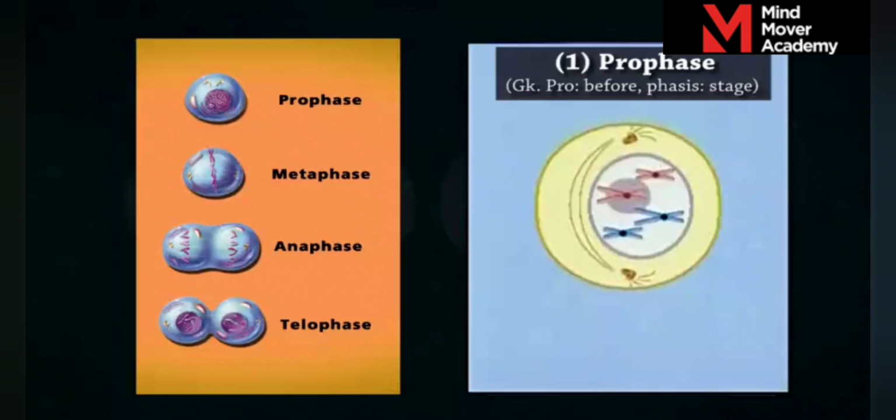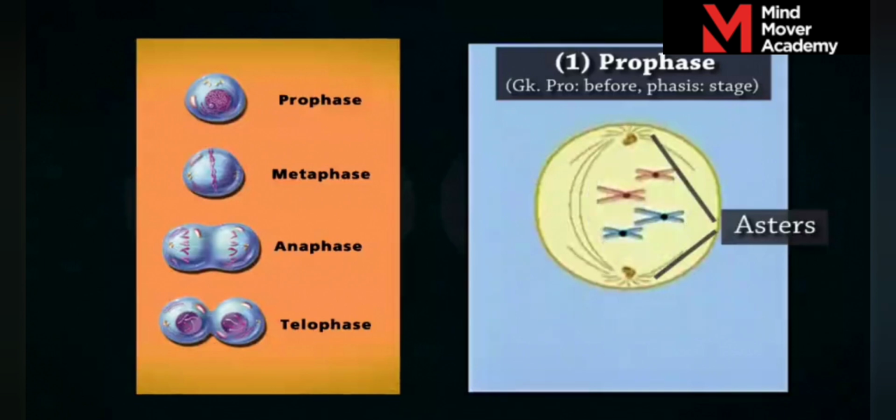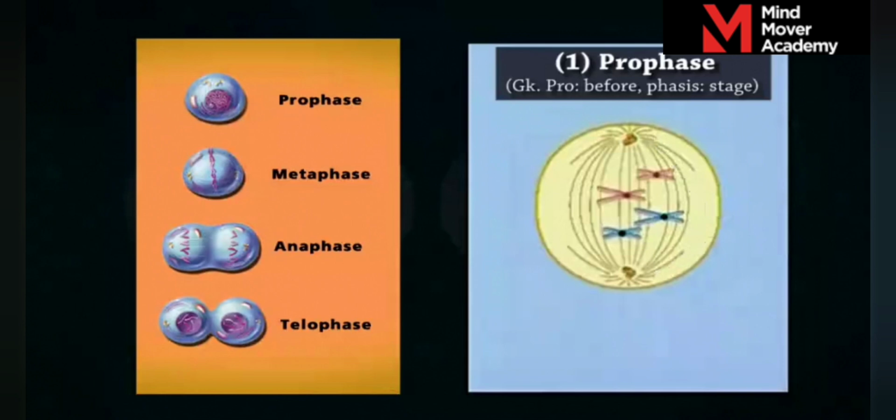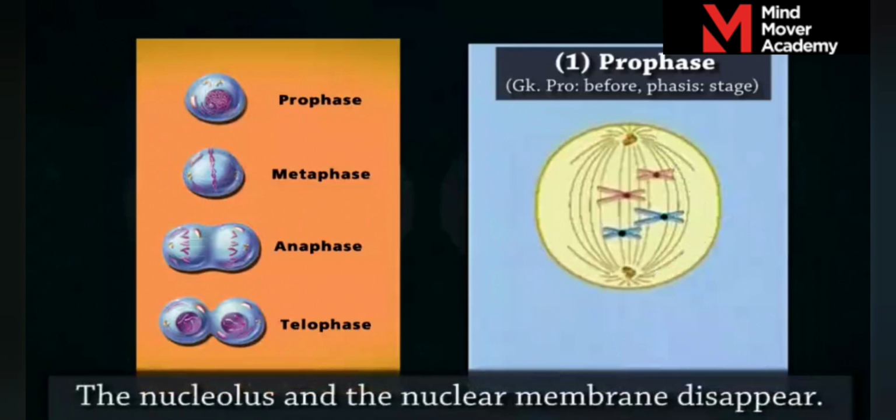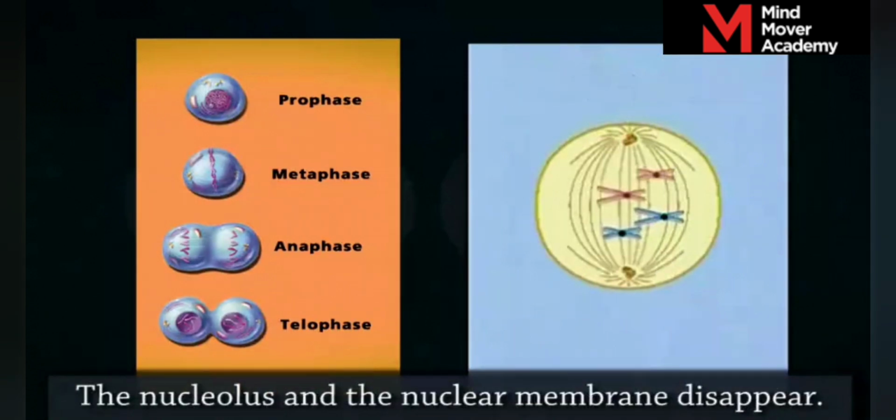Soon, 2 star-like structures with radiating fibers known as asters are formed around the centriole at each pole. Between the separating centrioles, spindle fibers are formed by the aster. Towards the end of the prophase, the nucleolus and the nuclear membrane disappear.